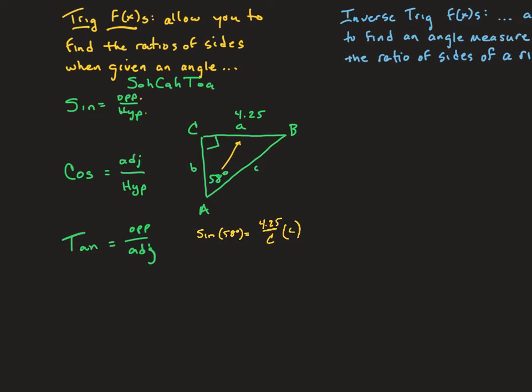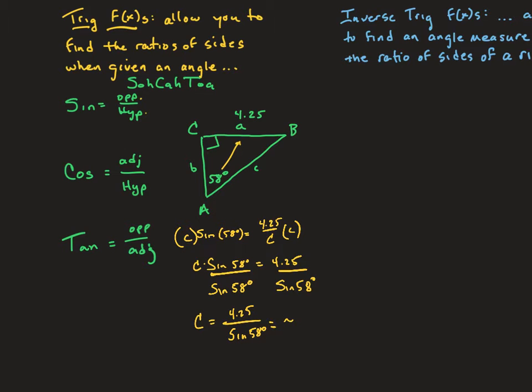Using my inverse operations to isolate C, I have C times the sine of 58 degrees is equal to 4.25. Then I can divide both sides by the sine of 58 degrees, because I'm continuing to isolate my unknown variable. C turns out to be 4.25 over the sine of 58 degrees, which in the calculator is approximately 5.01.